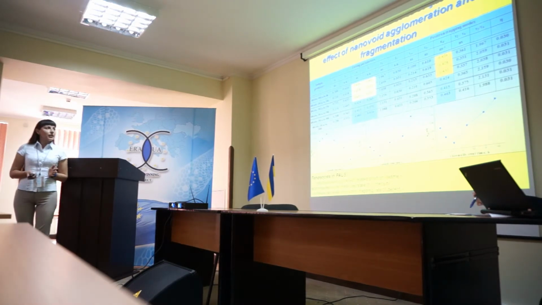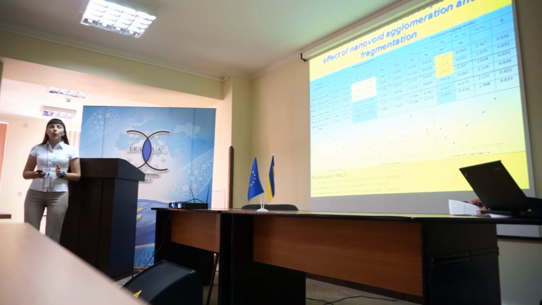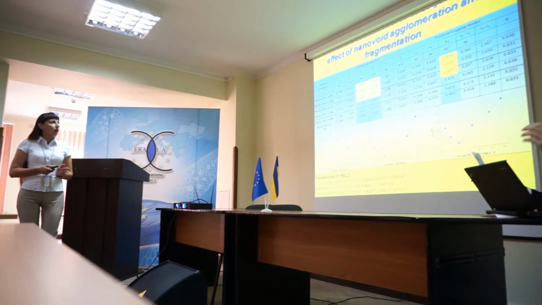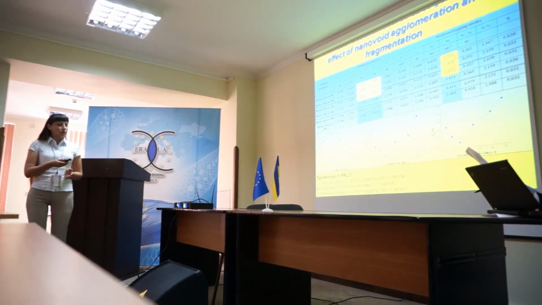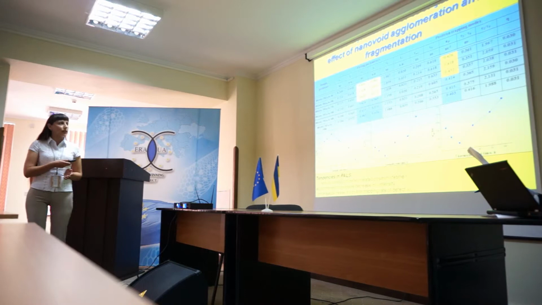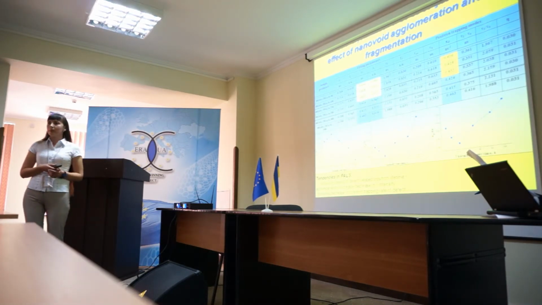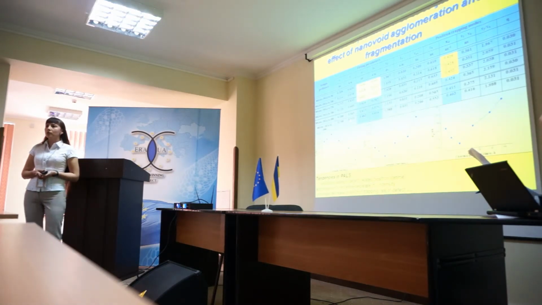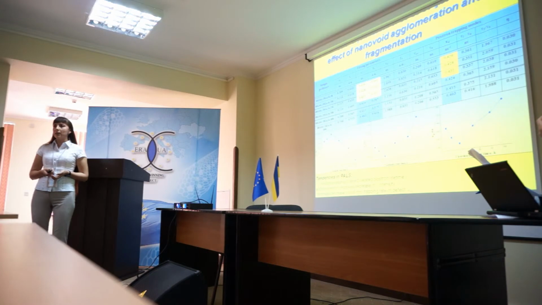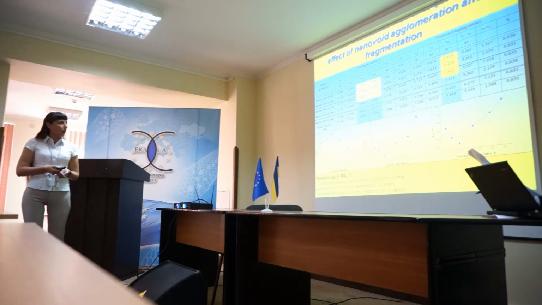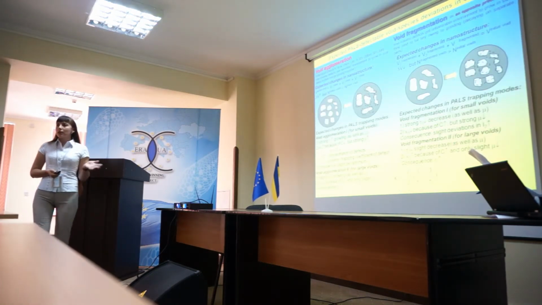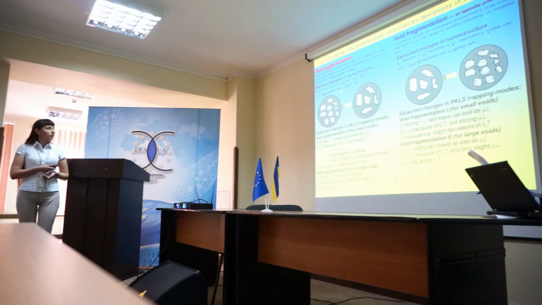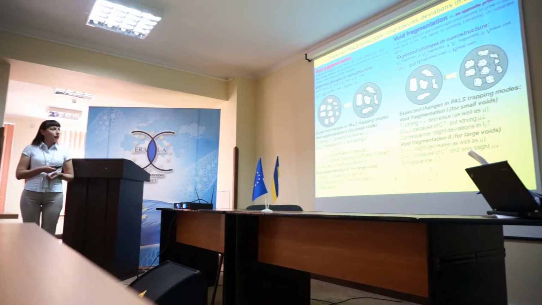So, in the first stage of this process, we have the so-called agglomeration process of free volume defects in the body. During long treatment, we have the inverse process, named fragmentation. So in this picture you can see this process, agglomeration and fragmentation.